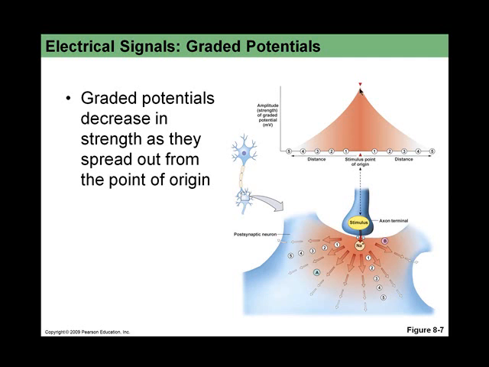So the signal degrades over distance and time. Okay? So the graded potentials decrease in strength as they spread from the point of origin. So the signal intensity, the amplitude, degrades over distance and time. Two ways of saying the same thing.